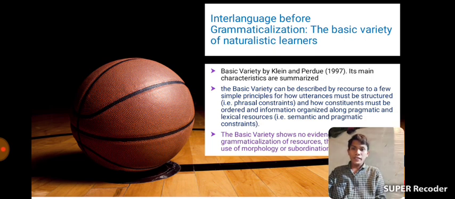First is the basic variety by Klein and Perdue, 1997. Its main characteristics are summarized. The second is that the basic variety can be described by recourse to a few principles for how utterances must be structured, i.e., phrasal constraints, and how constituents must be ordered and information organized along pragmatic and lexical resources, i.e., semantic and pragmatic constraints.